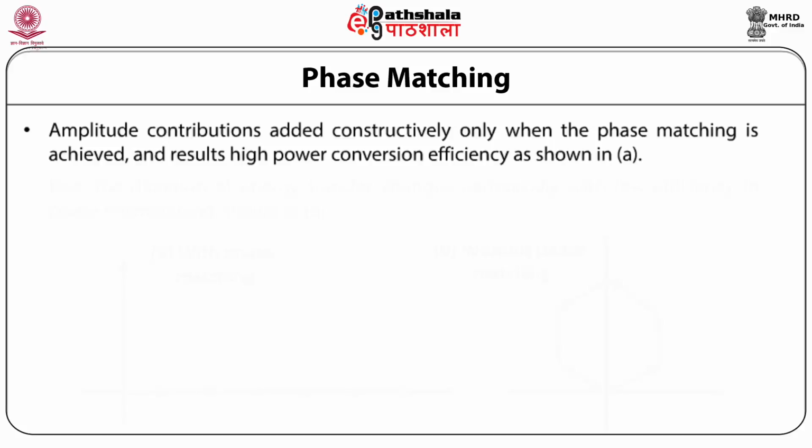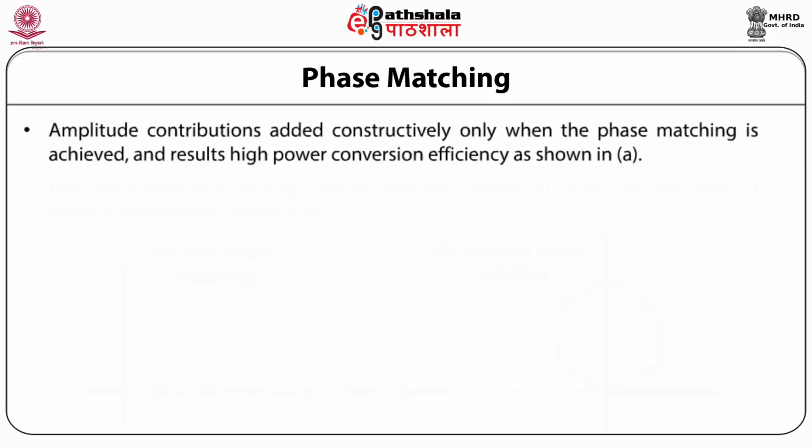The phase matching of frequency doubling is given by delta k equal to 2k1 minus k2 equal to 0, where k1 and k2 are the wave numbers of the fundamental and second harmonic beam respectively.